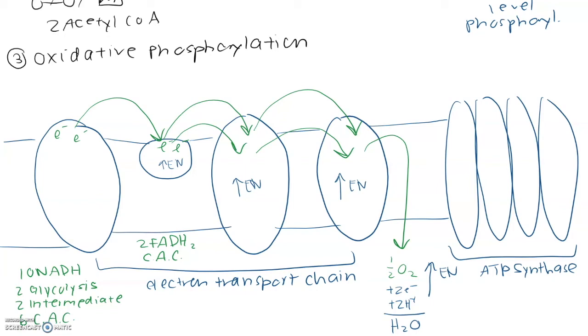Now, as these electrons are moving from one protein to the next, what's happening is they are pumping hydrogen ions across this membrane. So hydrogen ions are found inside this mitochondrial matrix, and now they're getting pumped out to the intermembrane space. So if I just label this diagram, right now this is the matrix of the mitochondria. These proteins are found in the inner membrane.